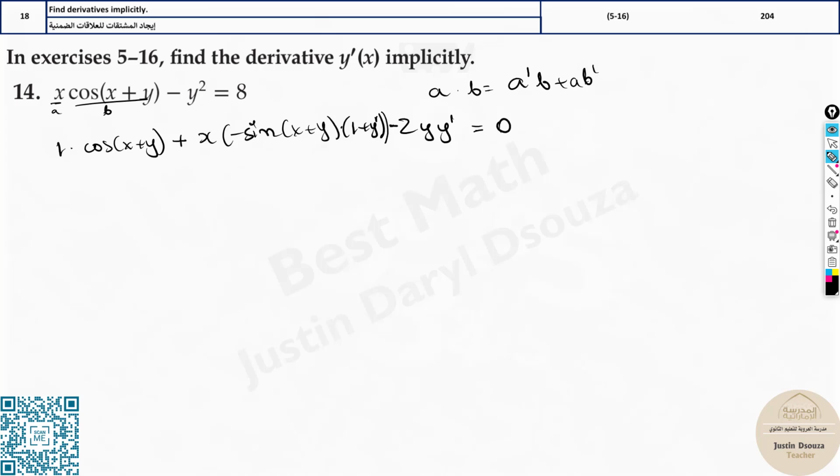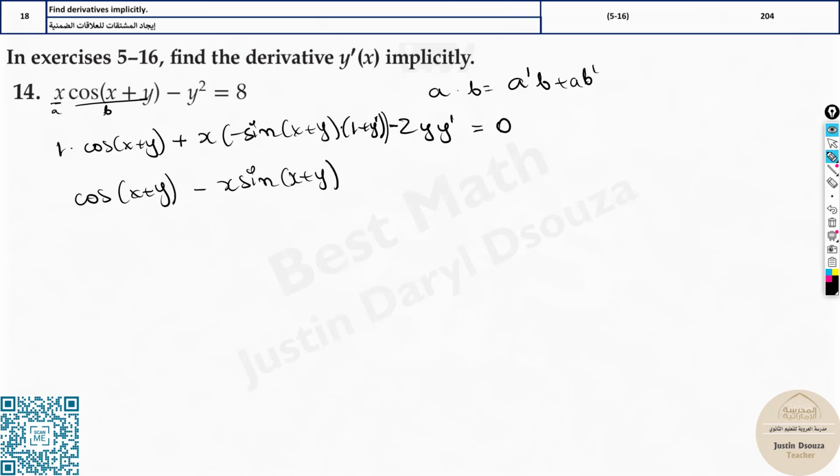Now this is another bracket for the sine. Now let me multiply this x inside. It will be cosine(x + y), then over here we have minus x times sine(x + y). Now, this is a little bit tricky. I'll do it in two steps. I've just rearranged the left side term.